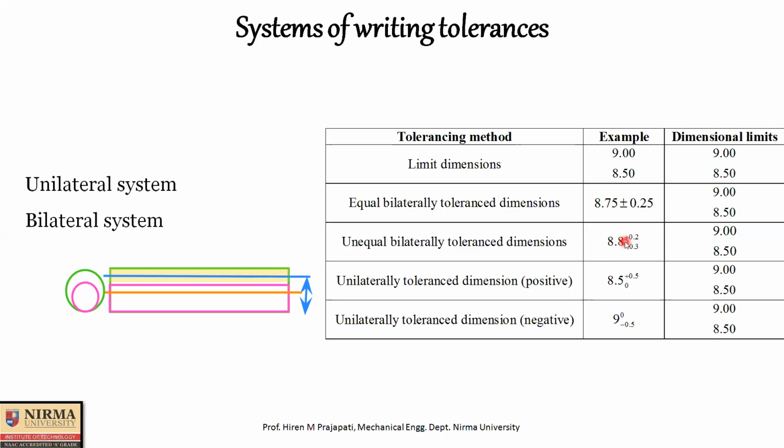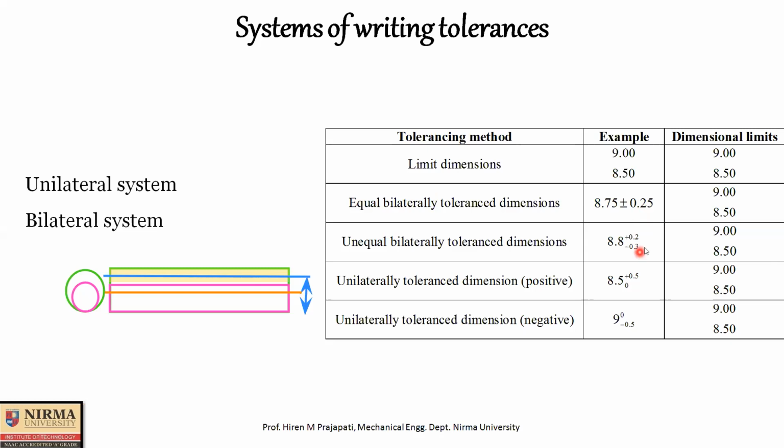How much variation am I allowing above the basic size? Plus 0.2. How much below the basic size? Minus 0.3. So the variation above and below the basic size is not the same: positive variation 0.2 and negative variation 0.3. In the earlier case we gave the same variation on both sides, plus 0.25 and minus 0.25, which is why it was called equal. Here it is unequal, with less variation on the positive side and more on the negative side.